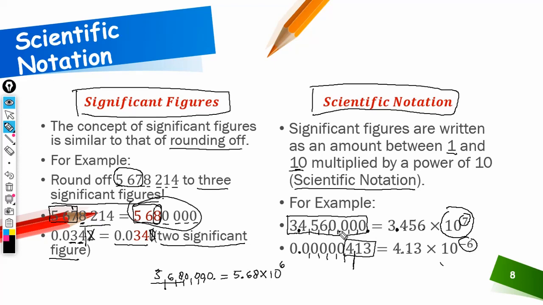But if you count to the front, so 1 2 3 4 until 3.4, so you add plus 7, 10 to the power of 7. Okay, so that's the difference. Cool.